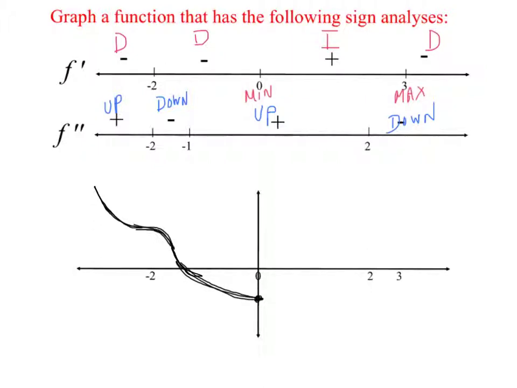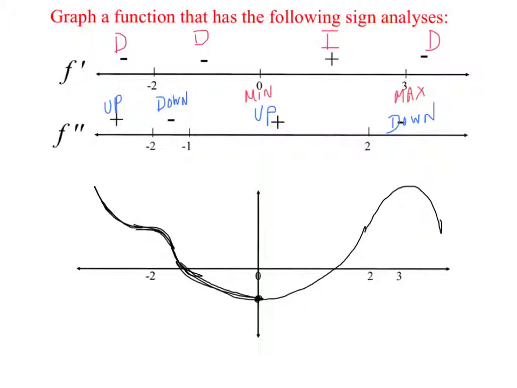So let me draw to 2, something that's increasing, still concave up. At 2, I change to be concave down, and I am going to reach a maximum at 3. So I could be concave down, reach that max, and come back down like that.